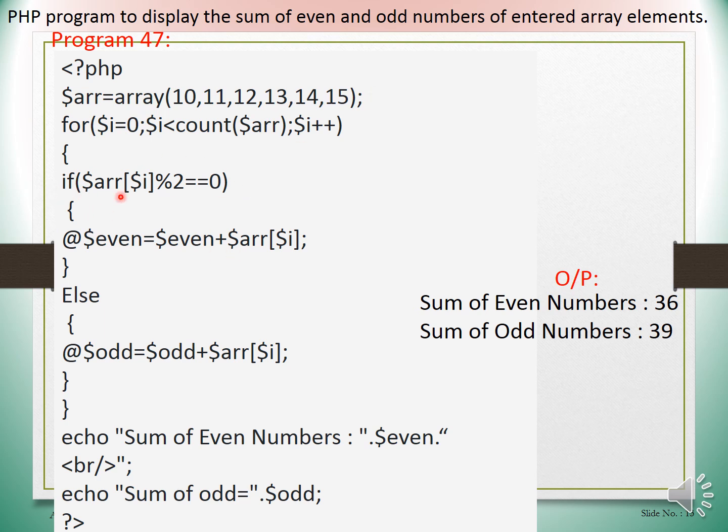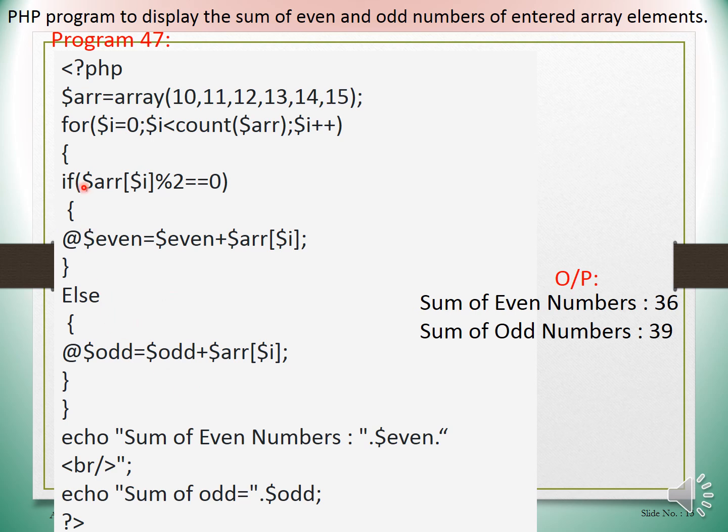Here if $r of $i, here this $r means this one, $i means their internal number, mod 2 equal to 0, then even, that is even equal to even plus array of $i. That means this number plus its initial value.